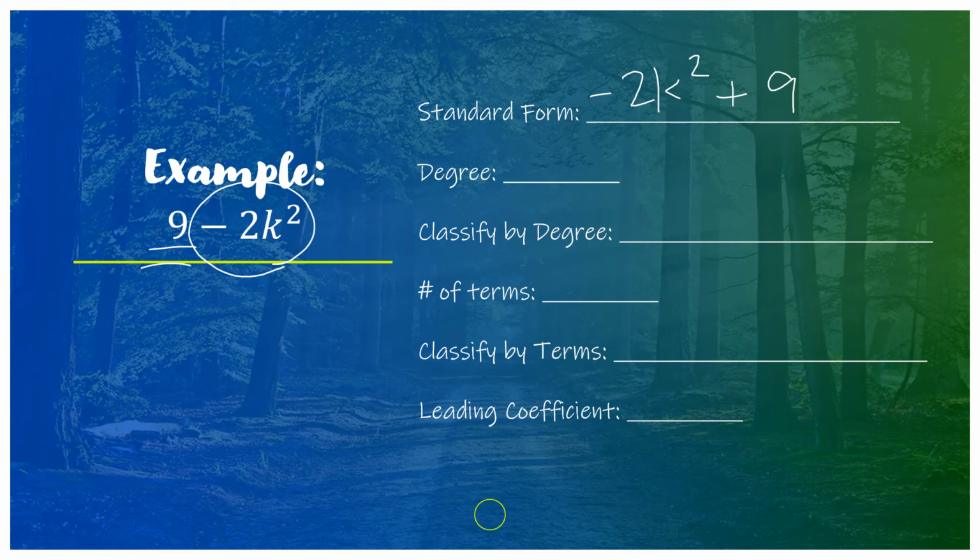So degree is the highest exponent. The biggest exponent in this problem is a 2. And then for now, again, you can just keep going back to your vocabulary to check how to classify this. To classify, it's either linear, quadratic, cubic, those words. So since the degree is 2, this would be quadratic.